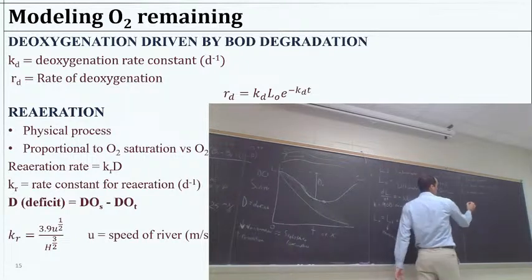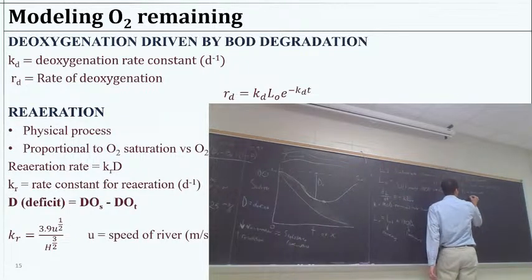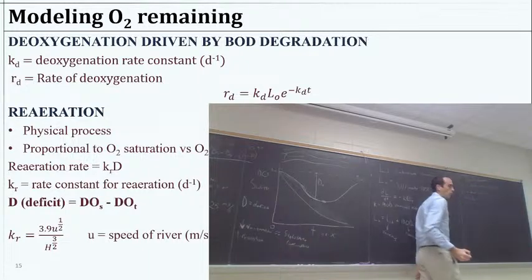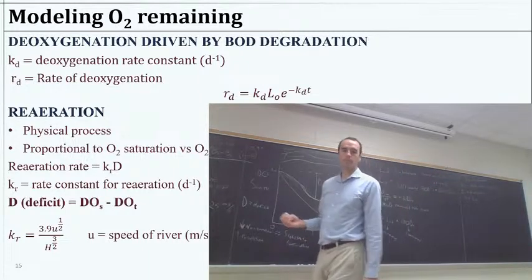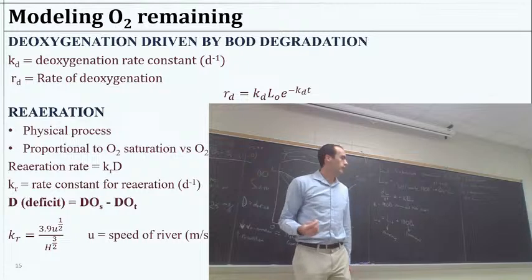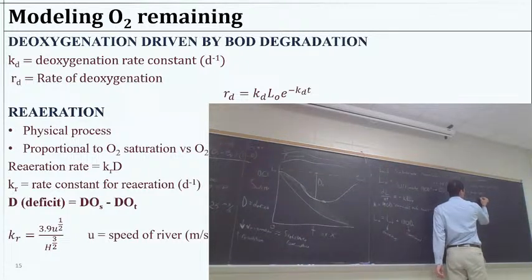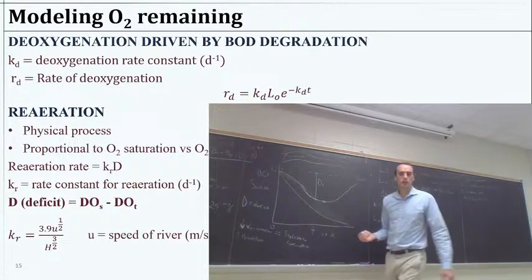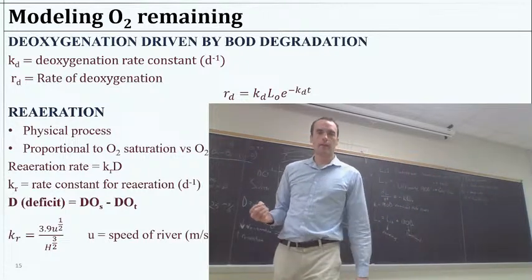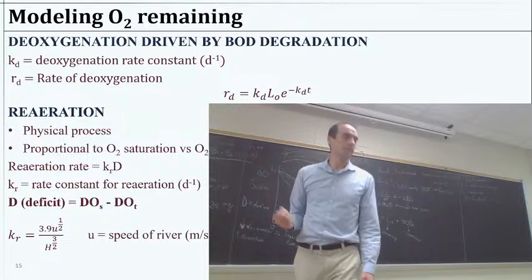So our equation here, R_D would be equal to ultimate BOD times this K_D times e to the negative K_D times t.